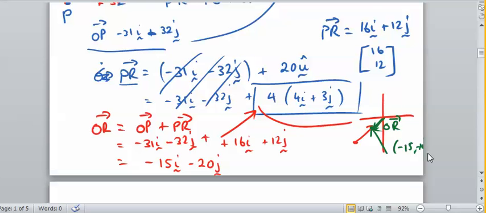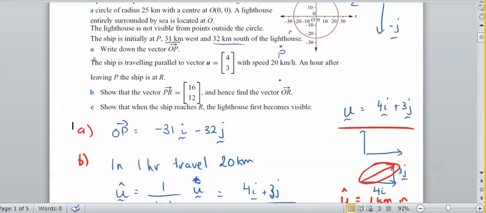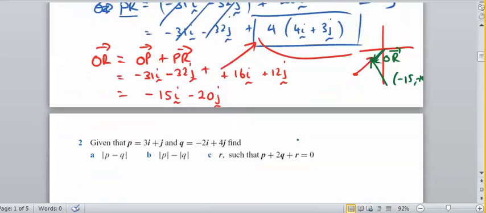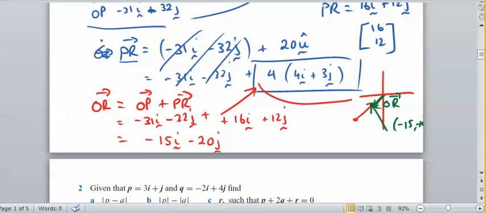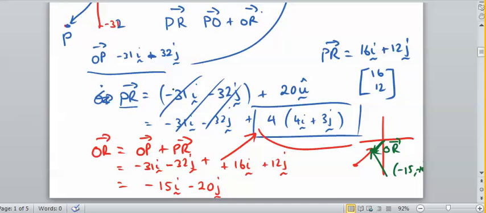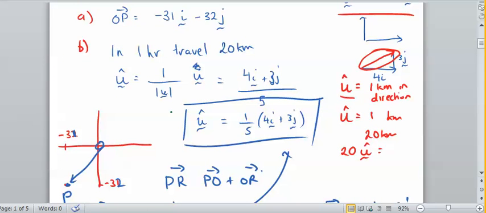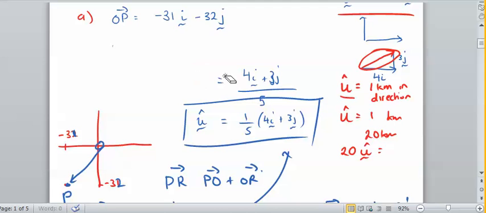Now, the next part of the question is asking us to show that when the ship reaches R, the lighthouse first becomes visible. Well, let me just use some of this here. So, what is the magnitude of OR?